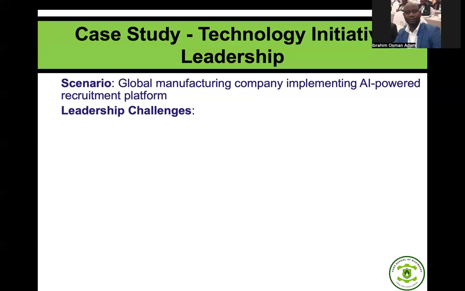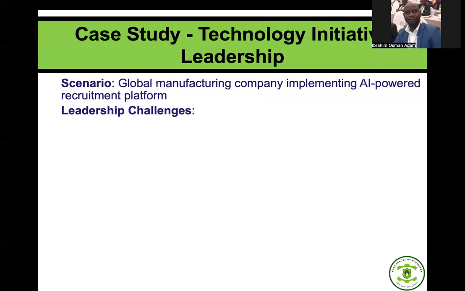One of the challenges was the traditional recruiters. Remember this case is about a manufacturing entity implementing an AI-enabled recruitment platform so that people can apply online, the AI will assess them and whatnot. But when they were implementing it, they faced a number of challenges.